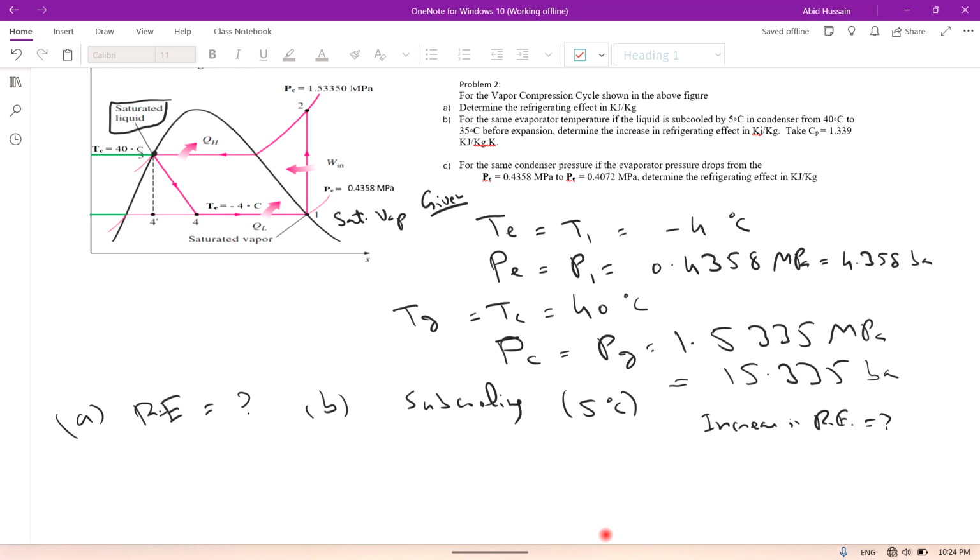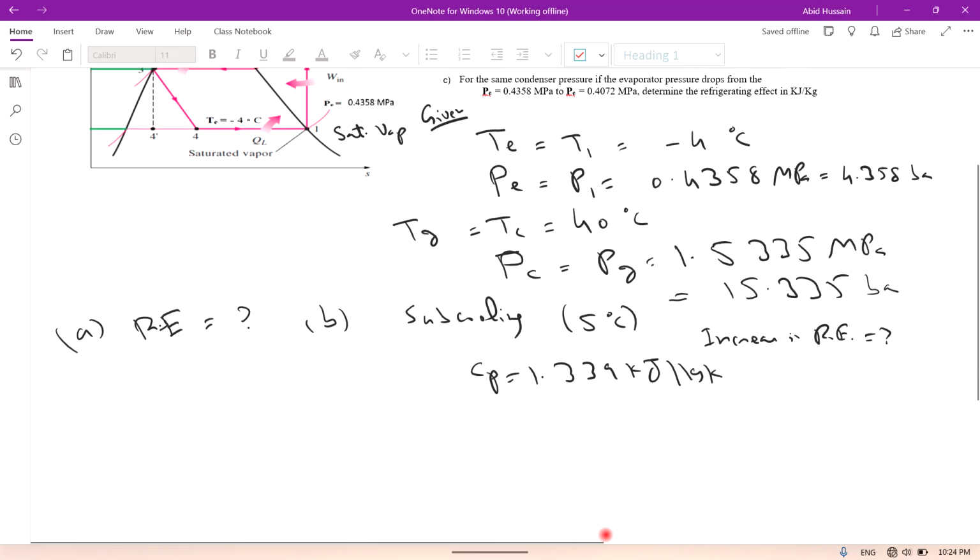For part B, Cp is given as 1.339 kilojoule per kilogram per Kelvin for R22.